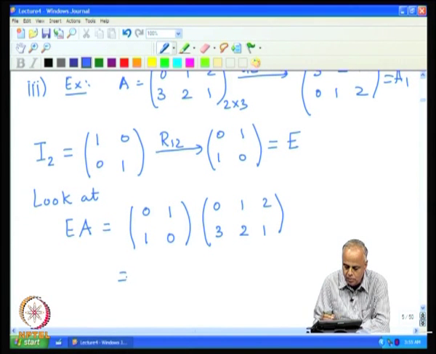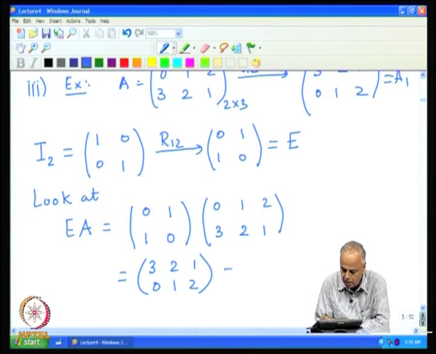When we carry out the multiplication, we get this, which is precisely A 1.